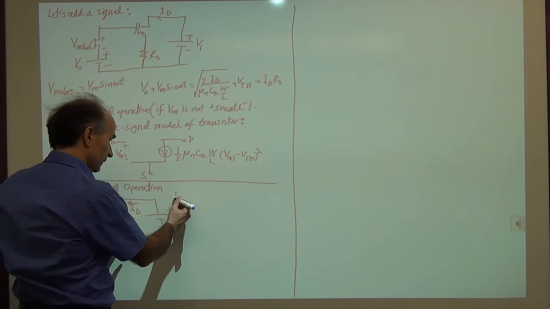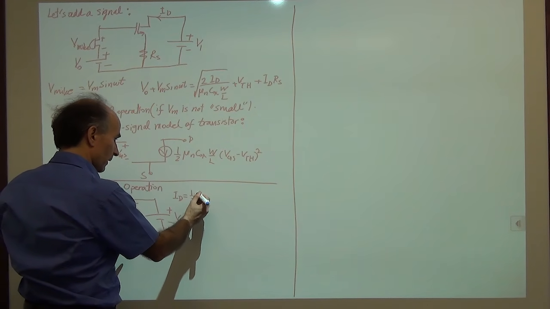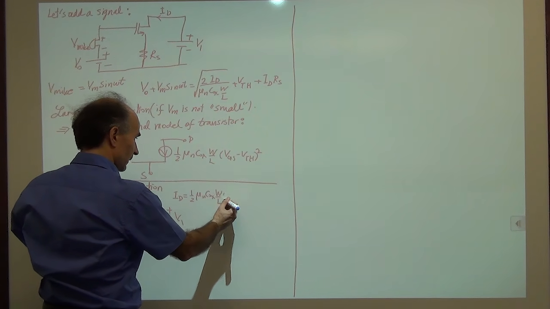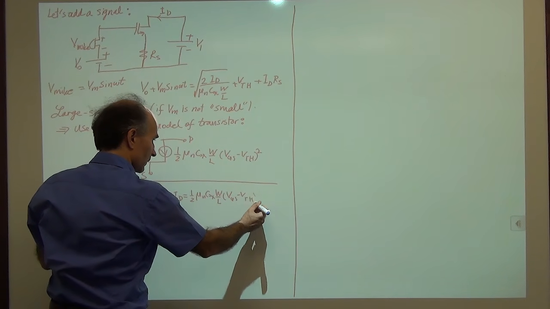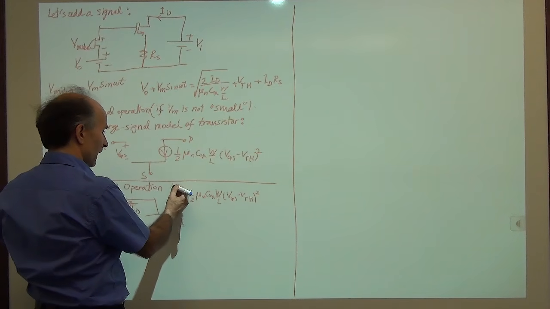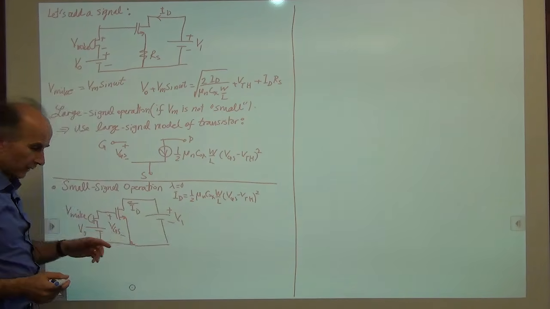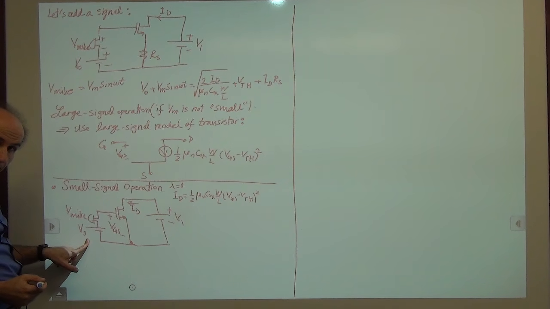I can write ID is equal to 1/2 of mu n C aux W over L, VGS minus VTH squared. By the way, lambda is 0 as usual. And VGS has a known value. VGS is the microphone signal plus V0.